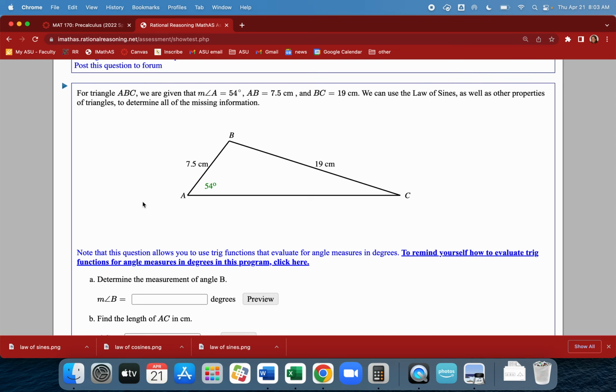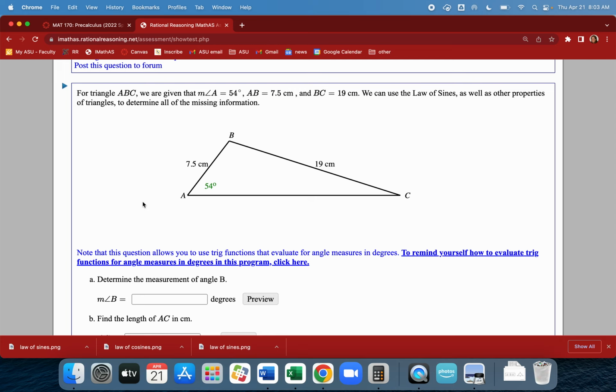I don't know the other two angles. They're not listed in the text and they're not in the diagram either. So side A is marked as 19 centimeters. And then side C, since it's across from angle C, is 7.5 centimeters.